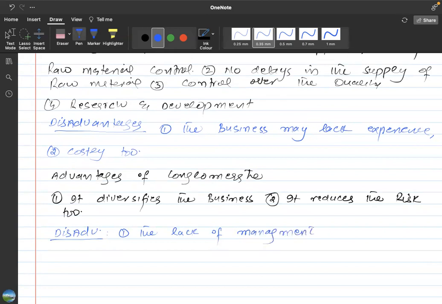And there could be a lack of focus and direction if you diversify too much.